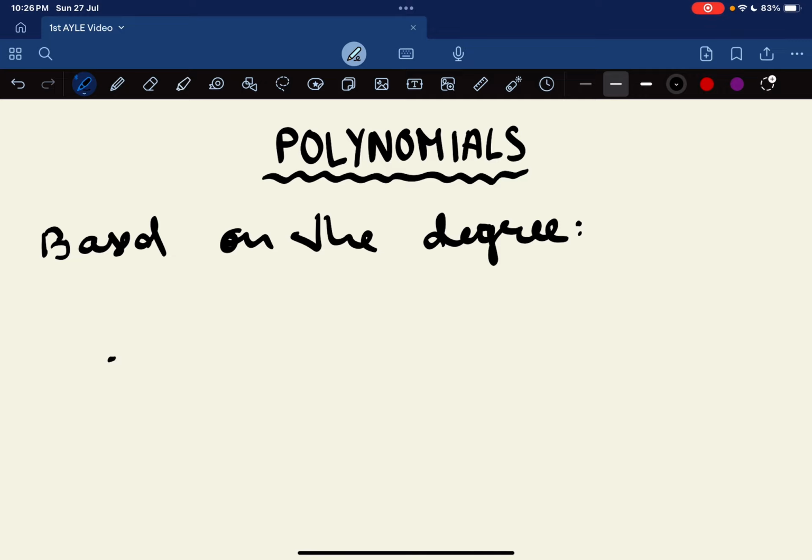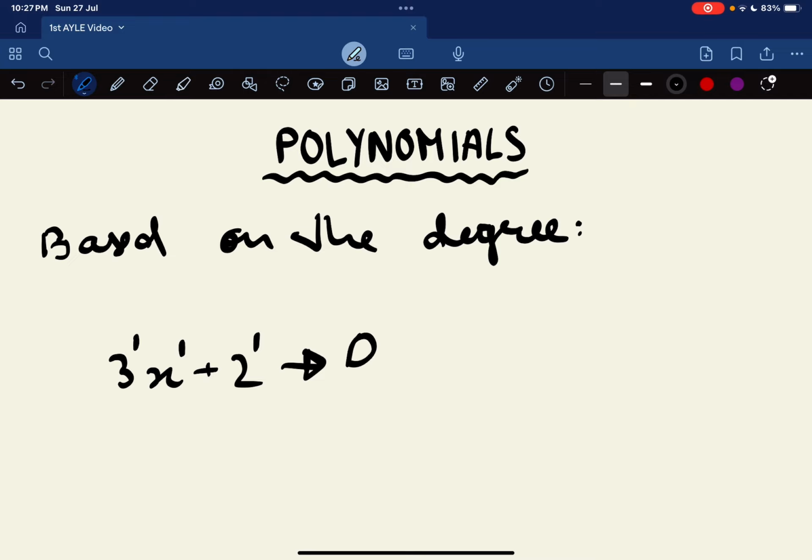So if we've got something like 3x plus 2, I keep taking this example for some reason, but here the degree is basically the highest exponent in this polynomial. Alright, so let's start out by writing the exponent of each value. So 3 has an exponent of 1, x has an exponent of 1, 2 has an exponent of 1.